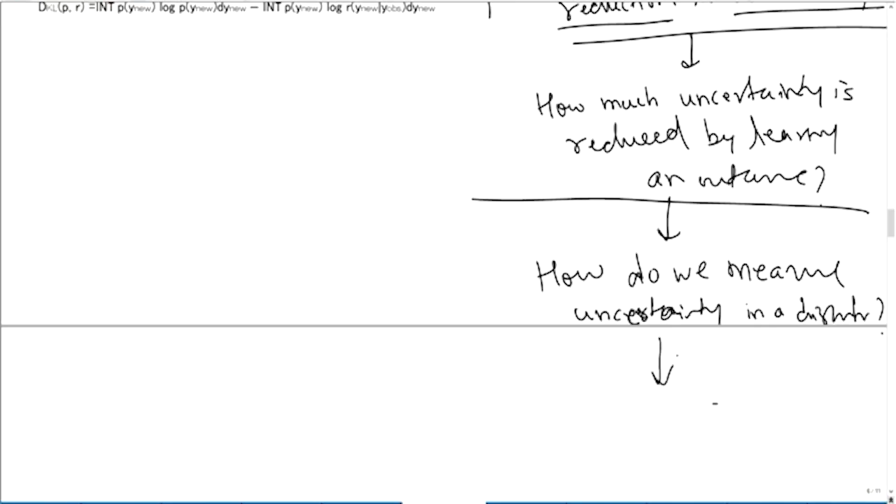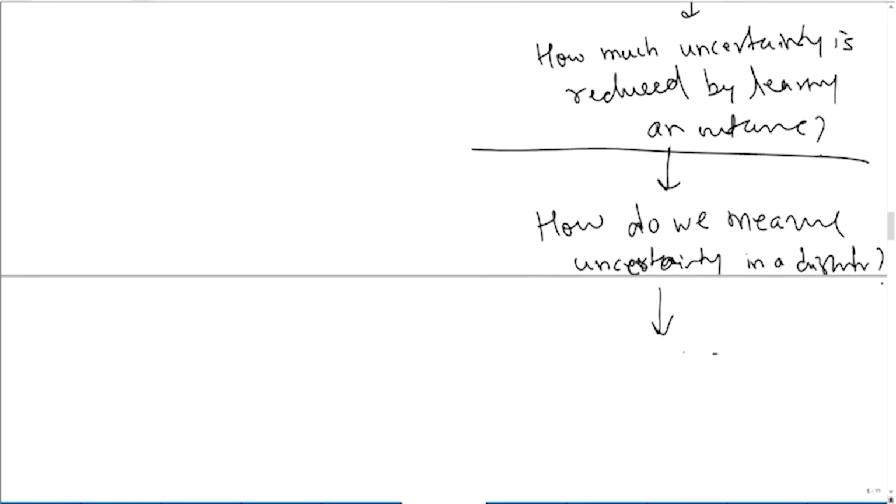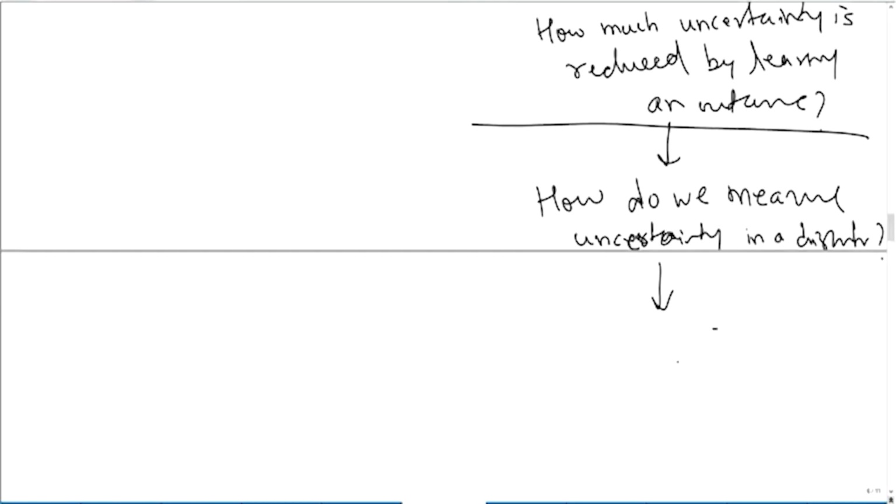We want such a measure of uncertainty to have certain properties. For example, it should be a continuous function. Also, as the number of possible outcomes increases, uncertainty should increase. So we want this measure to capture certain properties, right?